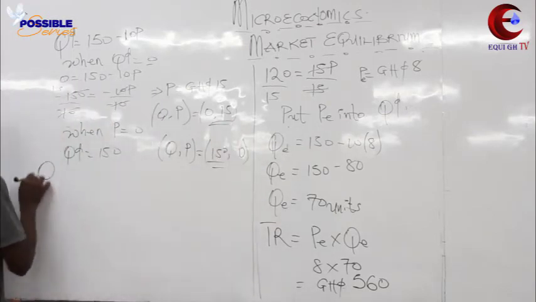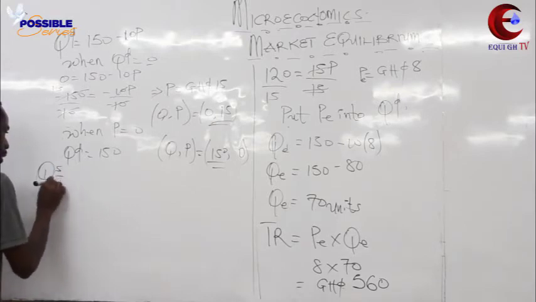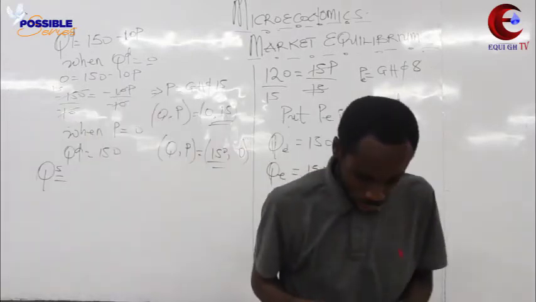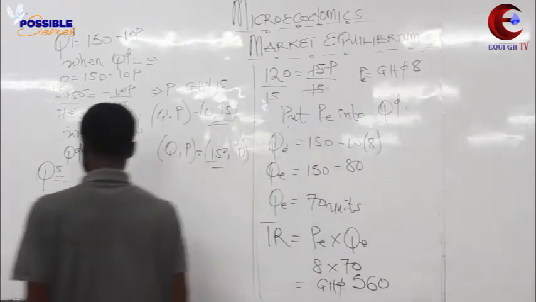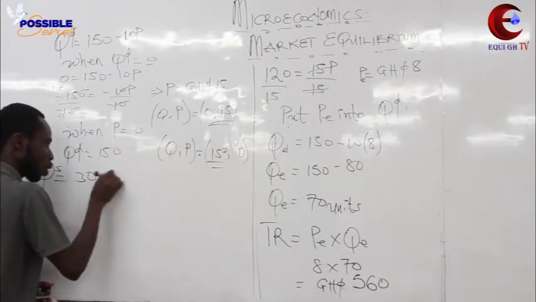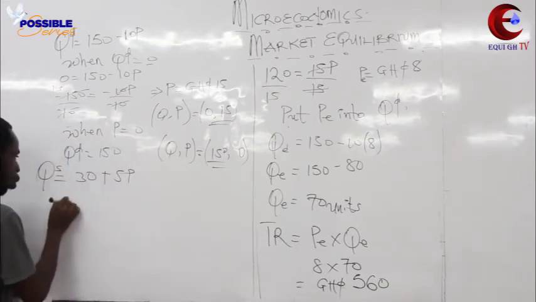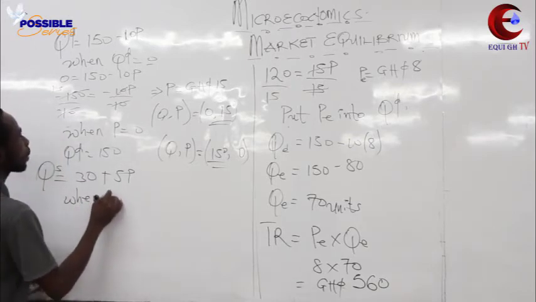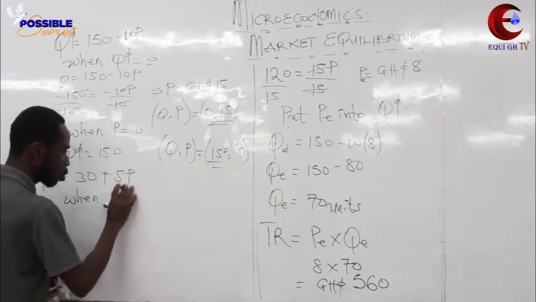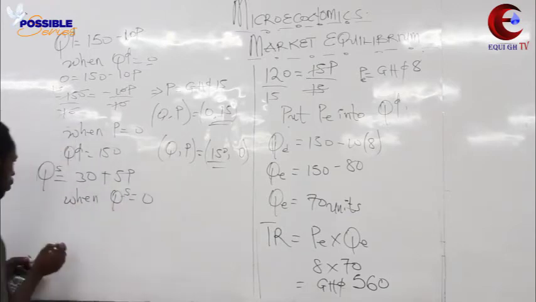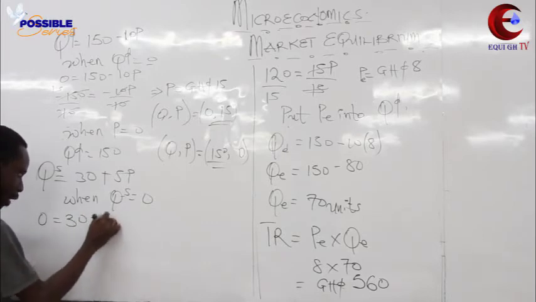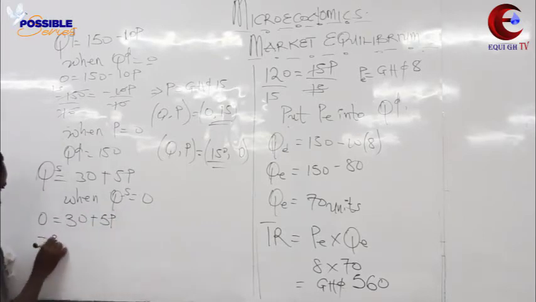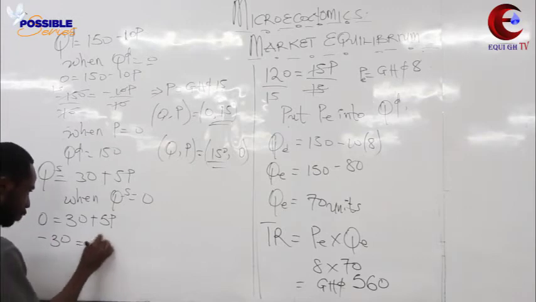Now the supply function, quantity supplied, is equal to 30 plus 5P. So when Qs is equal to 0, I'll get 0 equal to 30 plus 5P, and I'll get minus 30 equal to 5P.